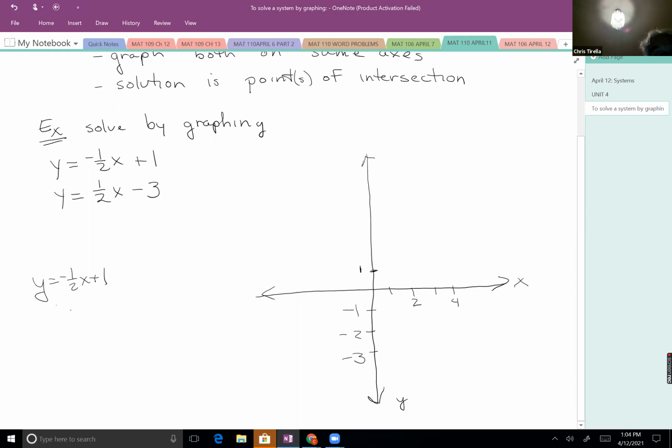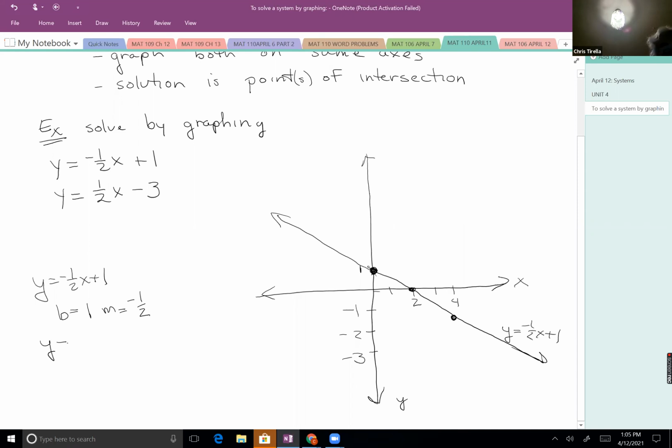Does everybody remember that? Because that constant term b is 1, I begin at 1 on the y-axis. And since the slope is -1/2, from that point I go down 1/2, down 1/2. And this would be my first line. So that's my y equals -1/2 x plus 1.